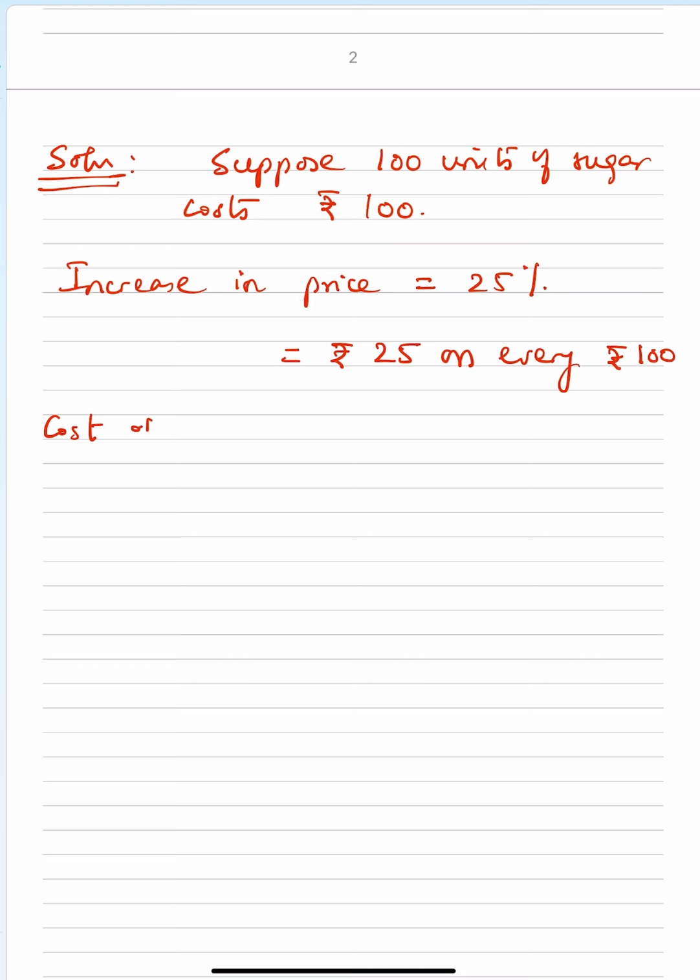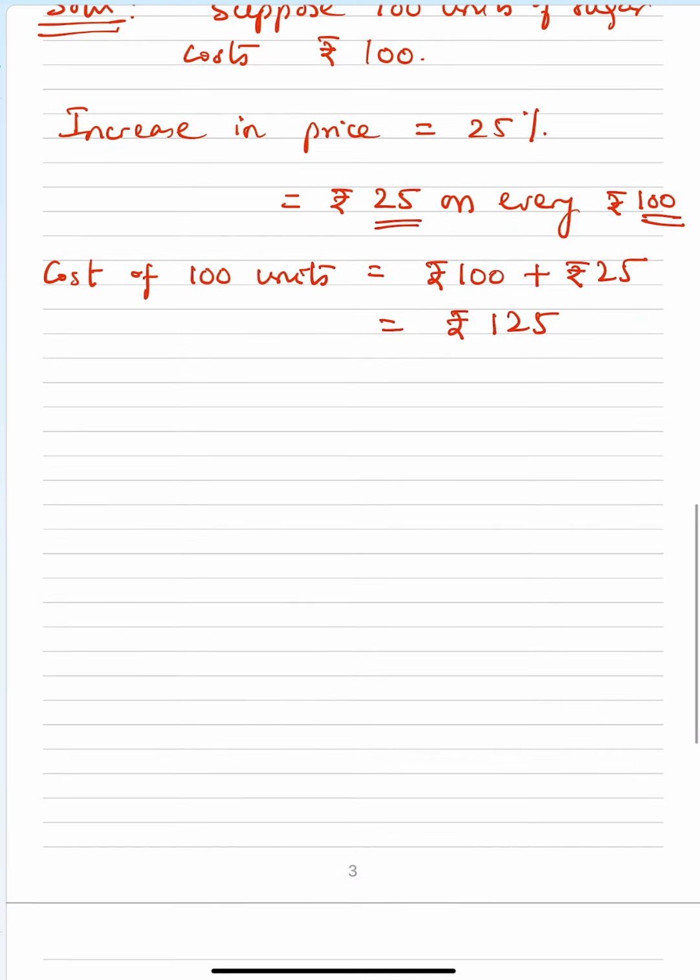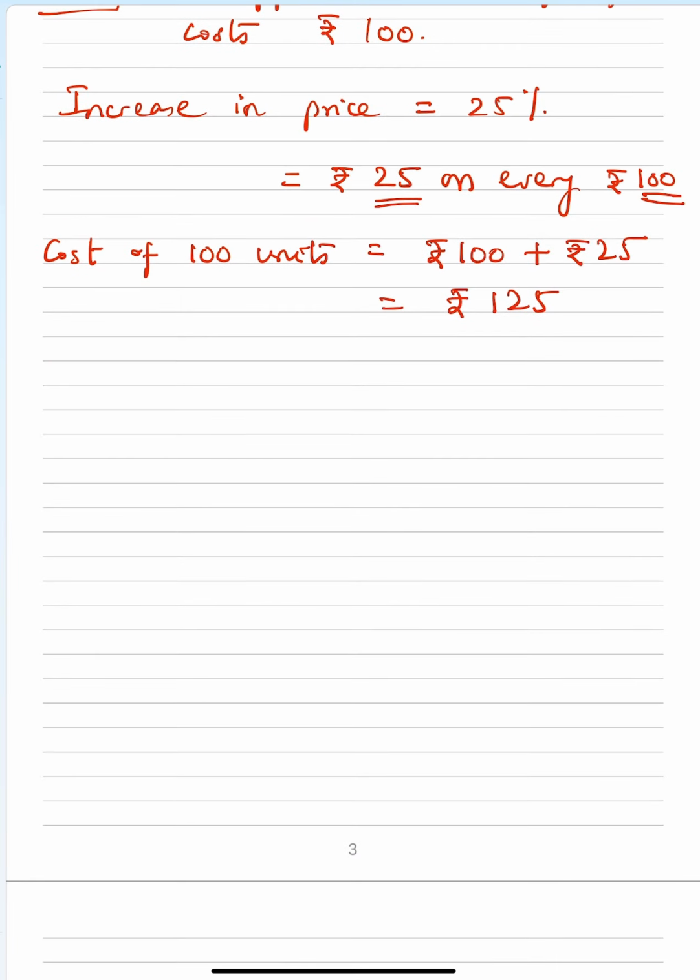Now the cost of 100 units will be equal to how much? This plus this, because it is increasing, so we will add 100 with rupees 25. Yes, on every 100 units 25 rupees is increasing, so 100 units will cost how much? 125 rupees. Now we know that the cost of 100 units is equal to rupees 125.